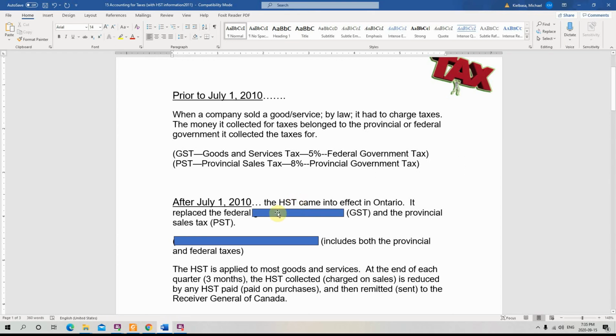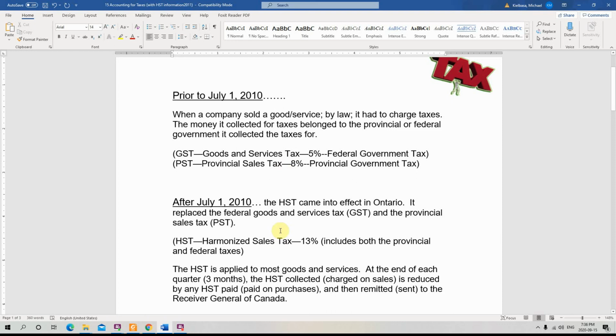It replaced the federal goods and services tax, the GST, and the provincial sales tax. So they basically were combined into a single tax. HST stands for Harmonized Sales Tax. So what they did was they combined these two taxes.